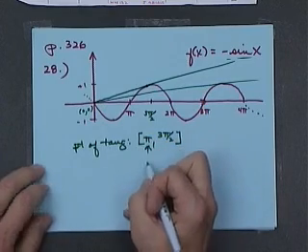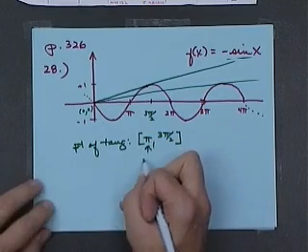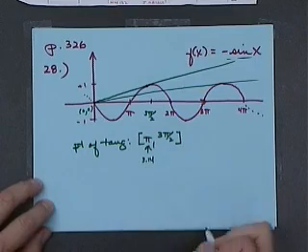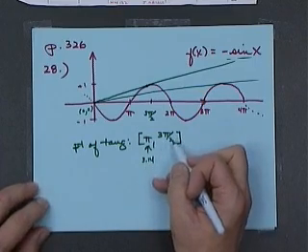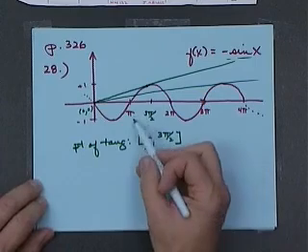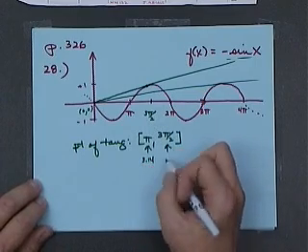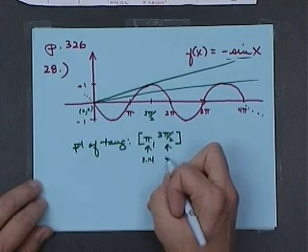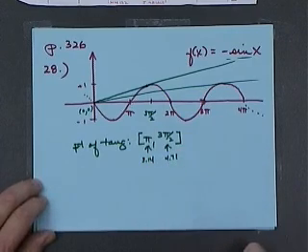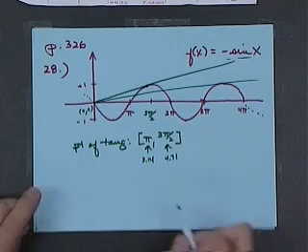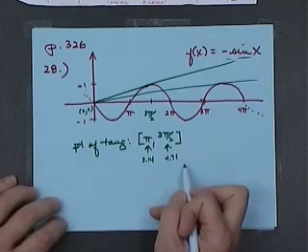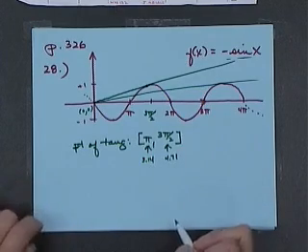We're going to get numerical answers here. So pi is 3.14, and 3 pi over 2, another 1.57 added to that, so 4.71, is that right? So our value is somewhere in there, the point of tangency.